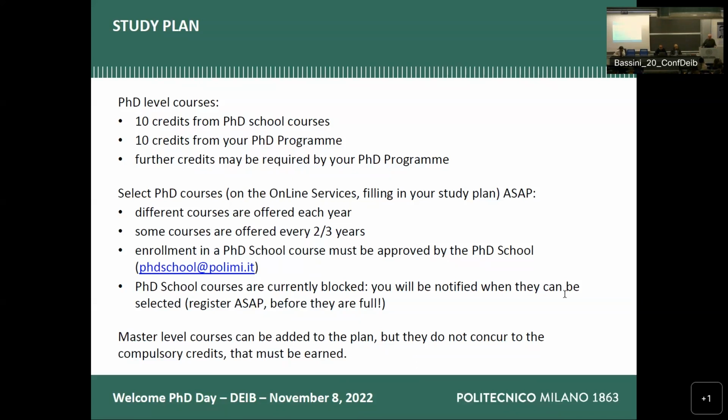You will be notified when they can be selected. And when they are open, the suggestion is to sign up quickly, because they have a certain number of students that can follow a specific course, and when they get full, they close again. As I said, you can also add master level courses, but they do not count toward the compulsory credits.